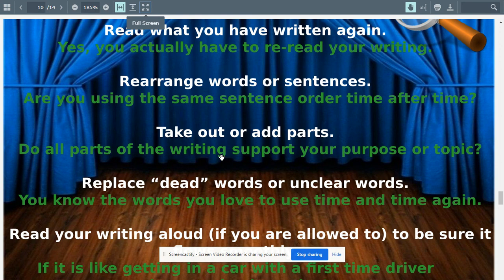Some of their writing may be like steps in a process, and in that case, it would have to be in chronological order. You know, if you were making a peanut butter and jelly sandwich, you wouldn't spread the peanut butter on the bread before you had gotten the peanut butter out on the counter, for instance.